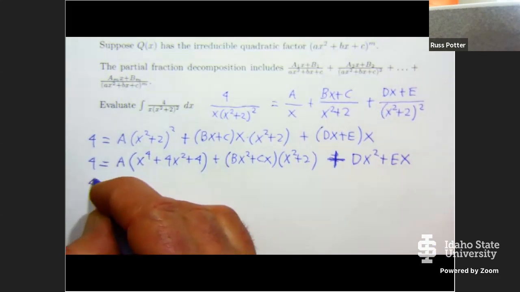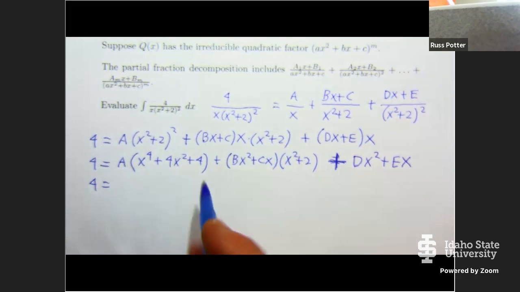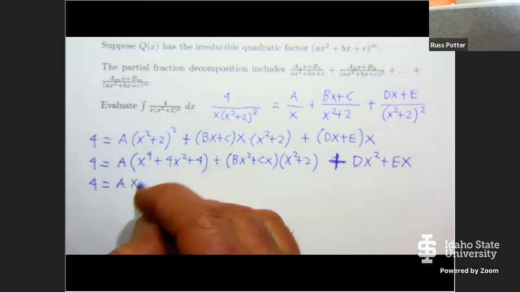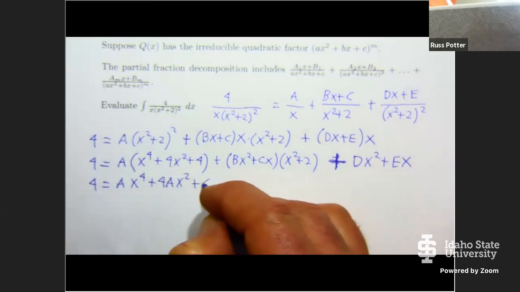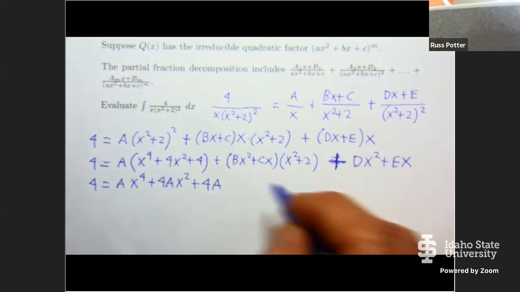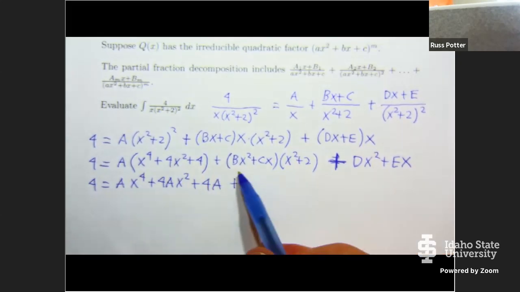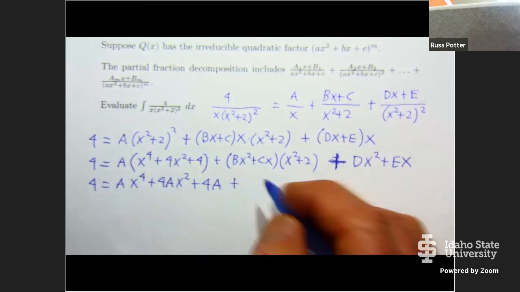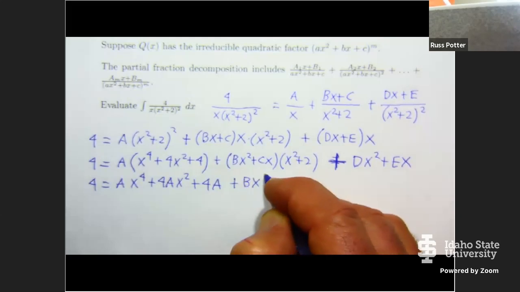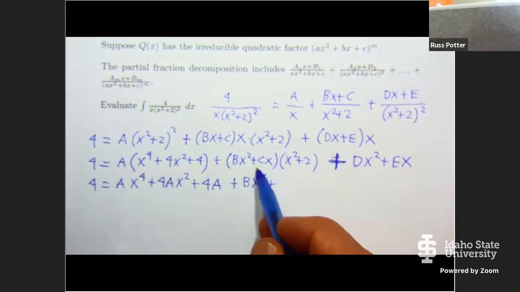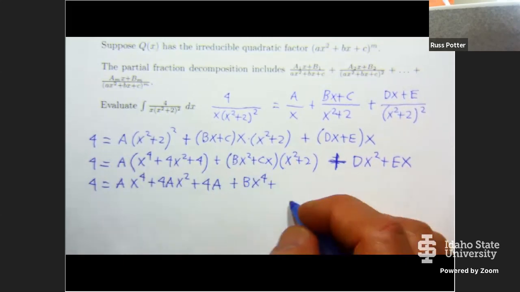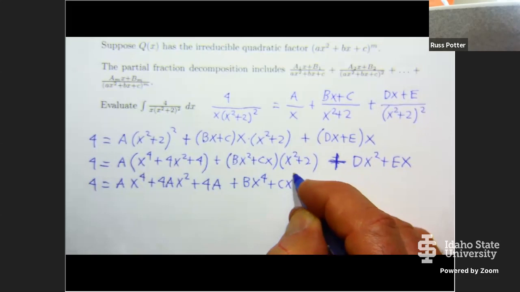Okay, we'll begin the expansion, A times this quantity. So A times x to the 4th plus 4A x to the 2nd plus 4A. And then Bx squared times x squared is plus Bx to the 4th, plus Cx times x squared is plus Cx to the 3rd.